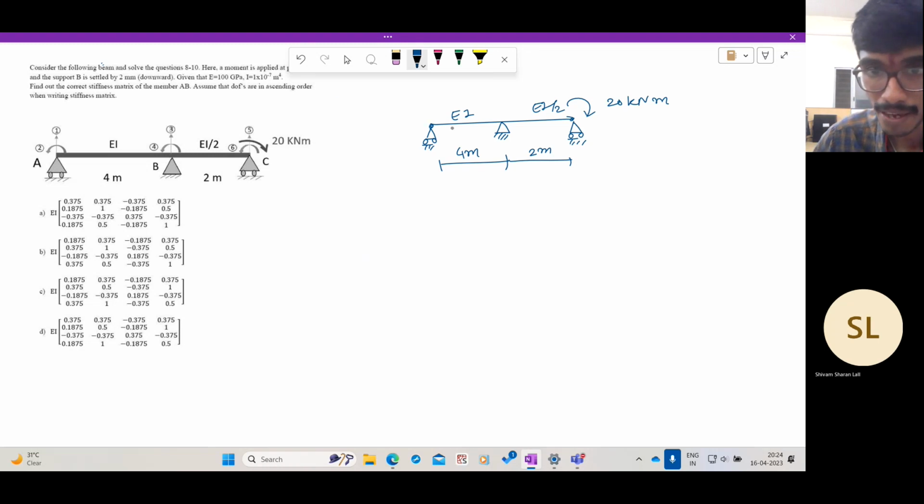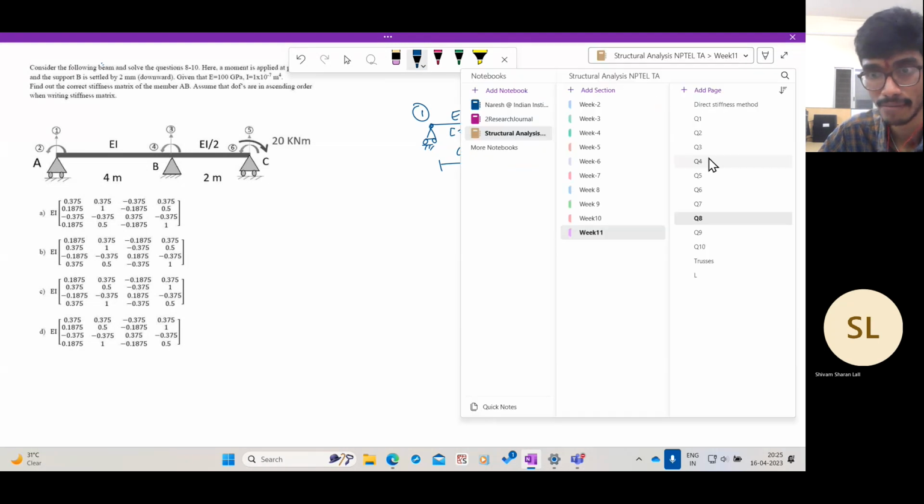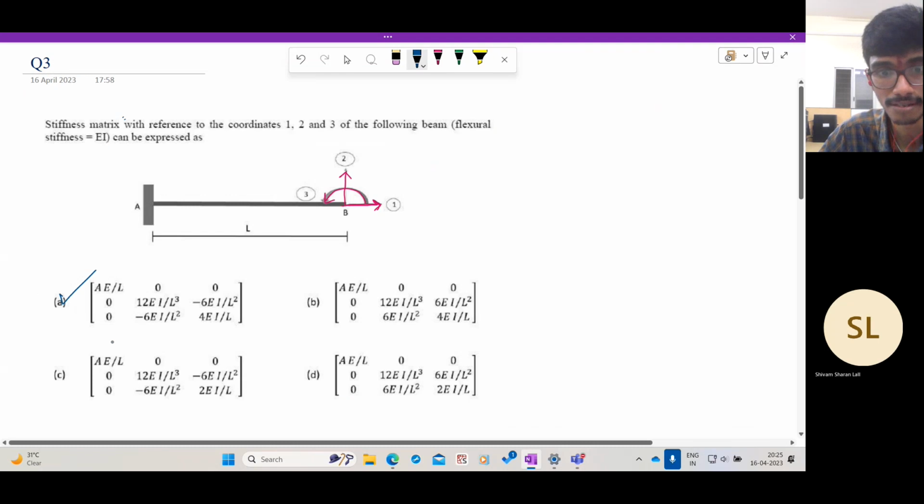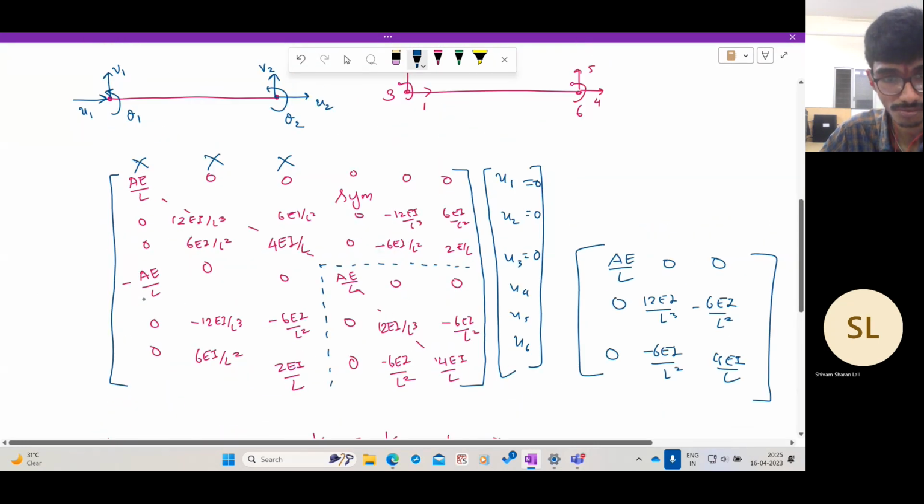What is the first step? Identify the members. This is member 1, member 2, and put the nodes 1, 2, and 3. Let us write down the member stiffness matrix. It is very simple. We have done it already for the frame member in the third question of the previous exam.